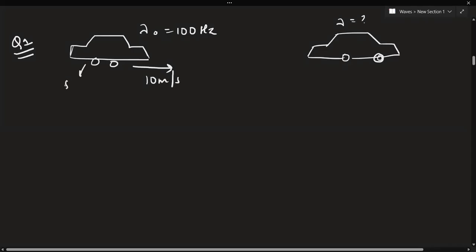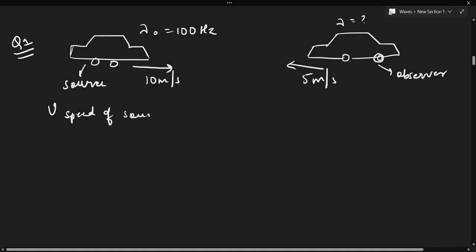This is the source, and this is the observer. The observer is moving with 5 meters per second. And the velocity, meaning the speed of sound, is given to us as 300 meters per second. So at least just draw this, then we'll discuss.